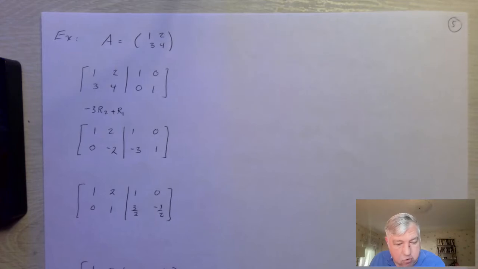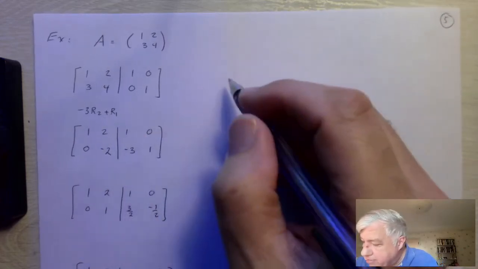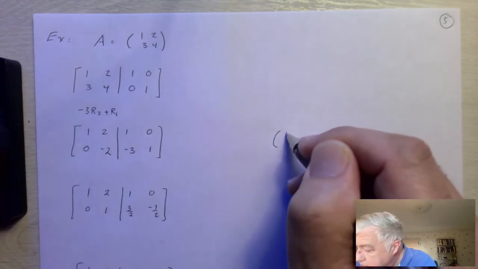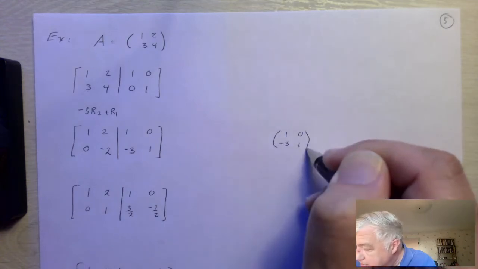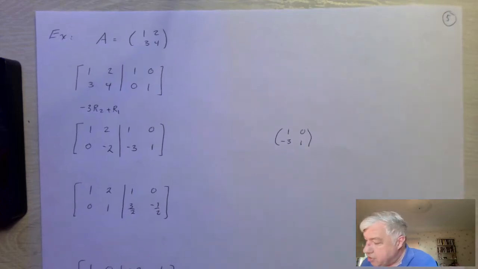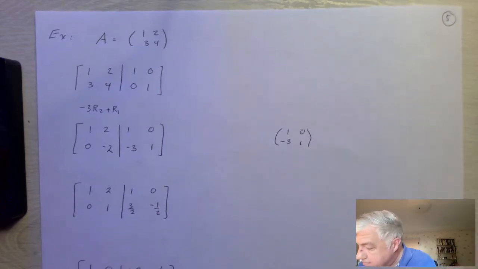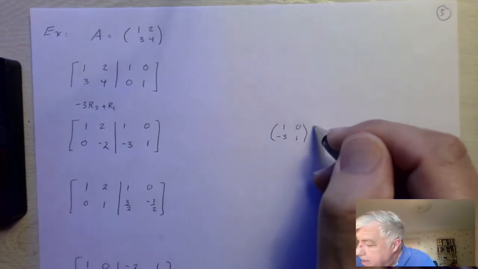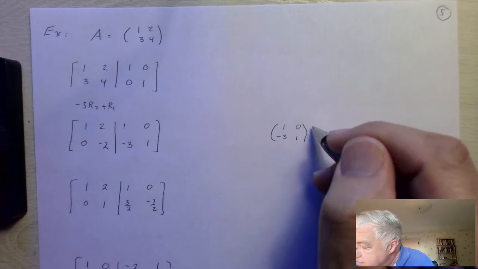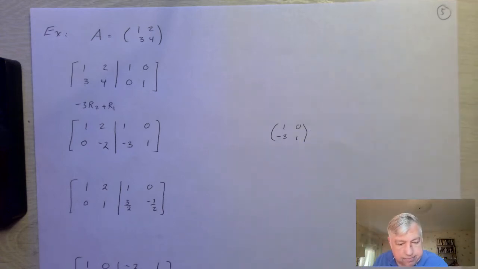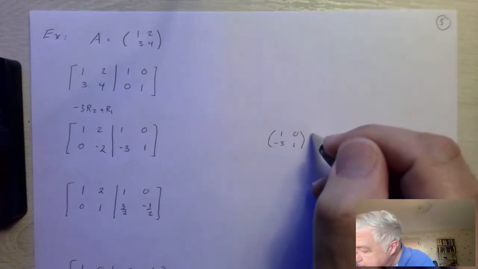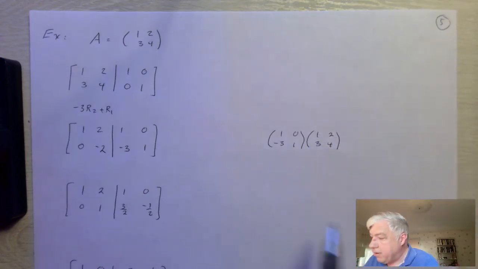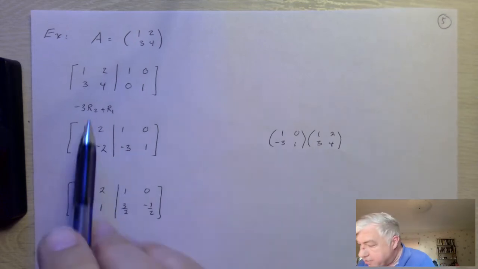And we know that that corresponds to the matrix 1, 0, negative 3, 1. Okay. So in fact we have this times 1, 2, 4, and that turns out to be this one, this 1/2.